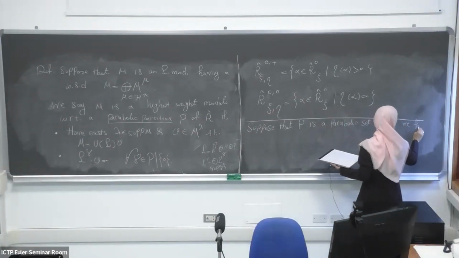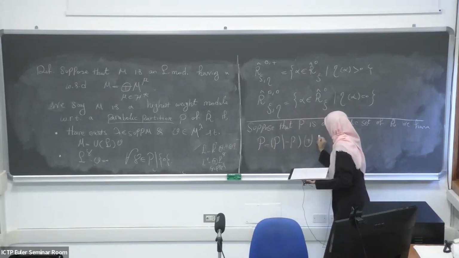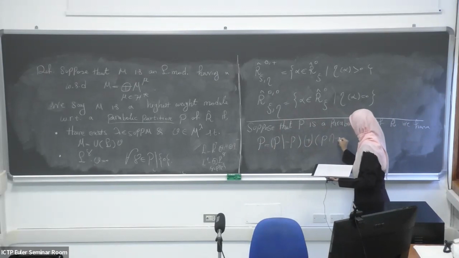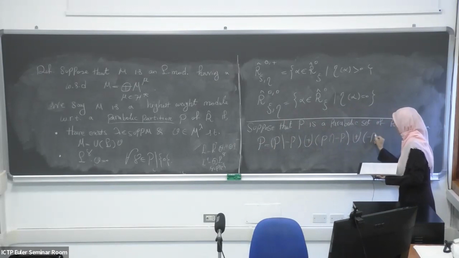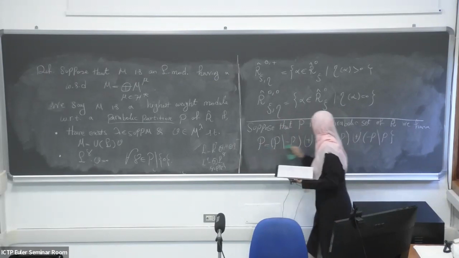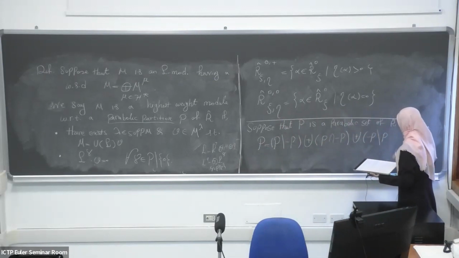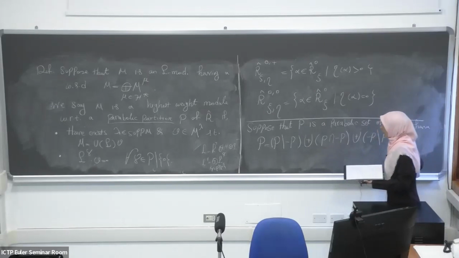We have P equals P minus P union the intersection of P and minus P union P set minus minus P. When we have a parabolic partition, the middle part is just the one-element set 0.